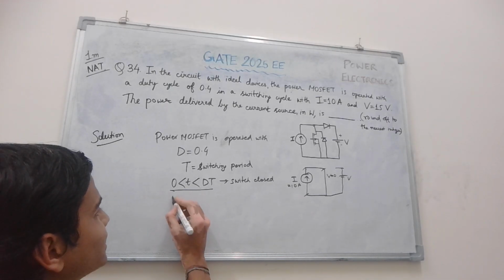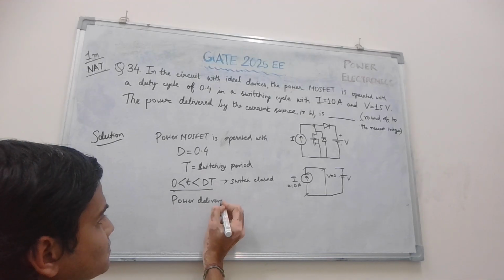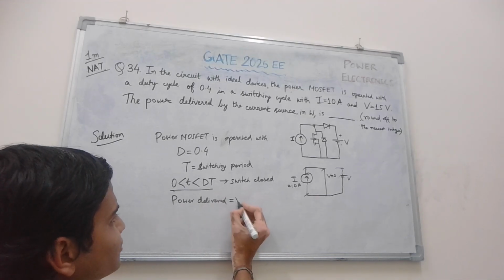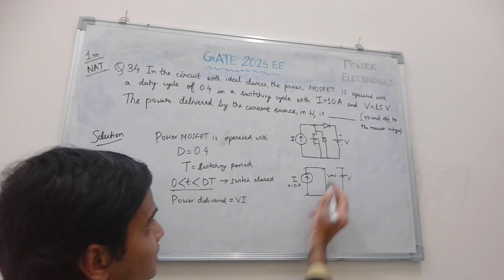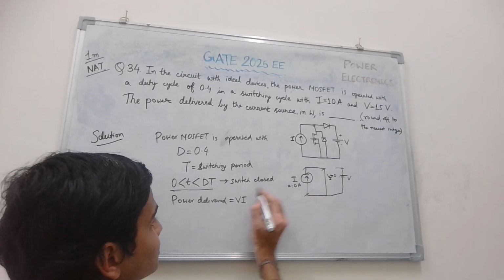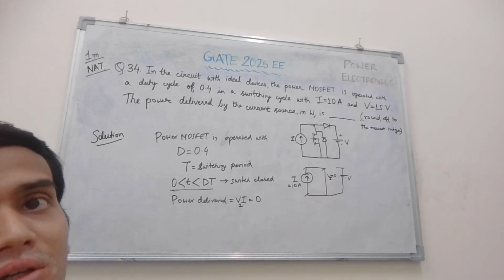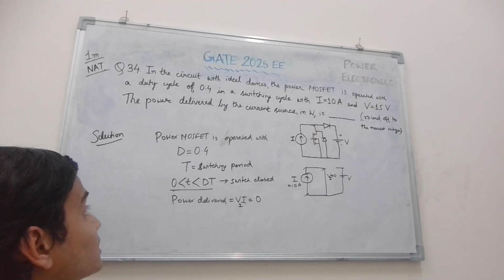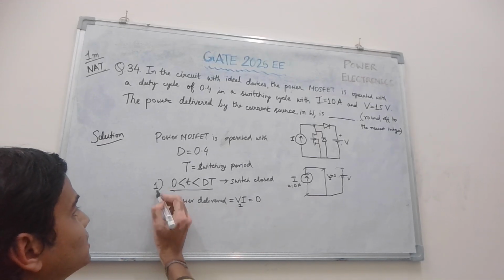So the power delivered by the current source will be what? Power is V into I, this V being the voltage across the current source, so VI into I is 0 in this interval, because it is short and there is no voltage across the current source.